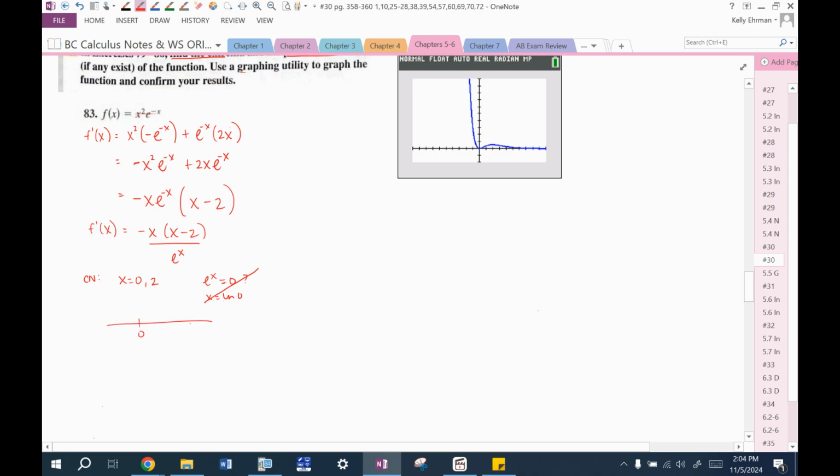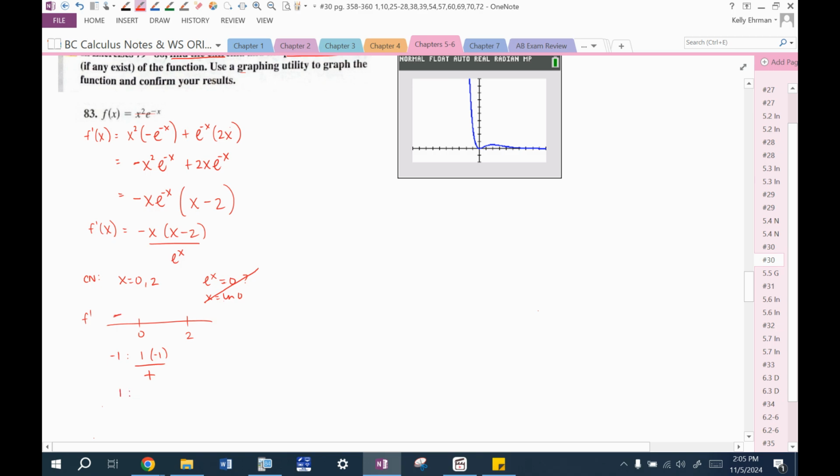We're going to put 0 and 2 on a number line. So say we plug in negative 1. We would get positive 1 times 1 minus 2 over e to the x, which is always positive, right? If you put in negative values, you just get really small fractions, but I'm just going to write a plus sign there. A negative over a positive is a negative.